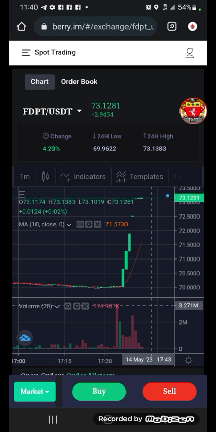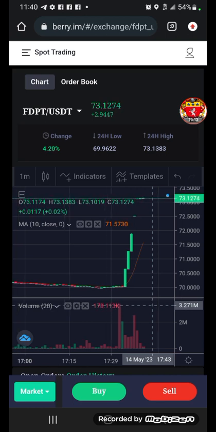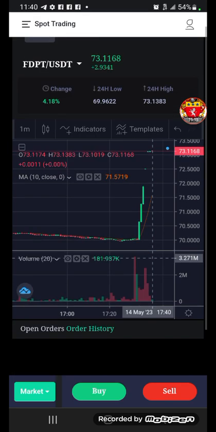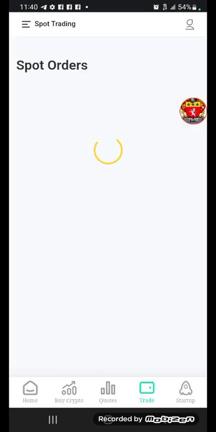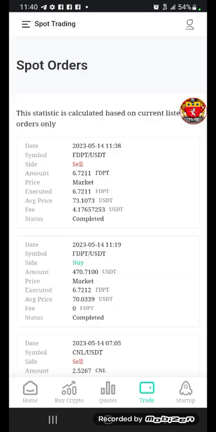So to confirm that I have sold, I'm just going to go down here to my order history, and my sell is completed. See, it sold for $73.10. I didn't hit it, because I sold market, it was down a penny.